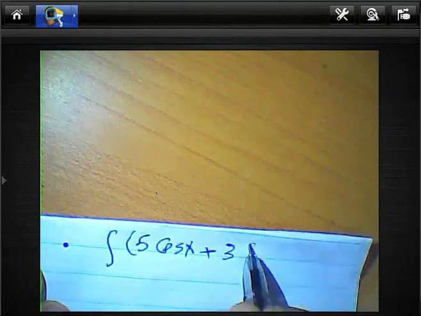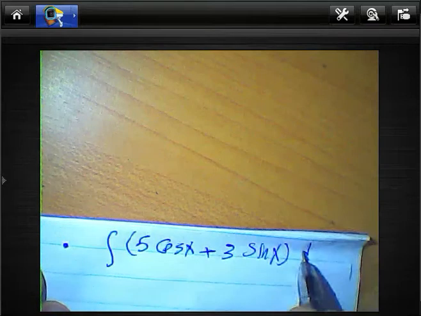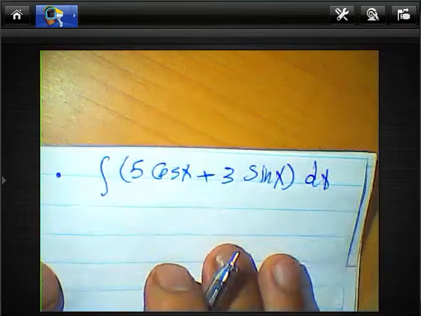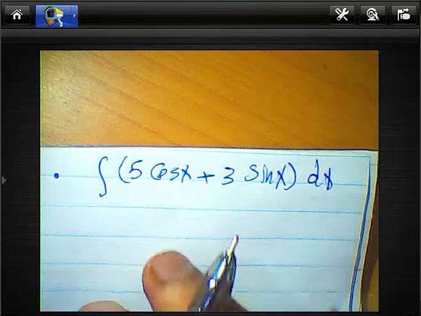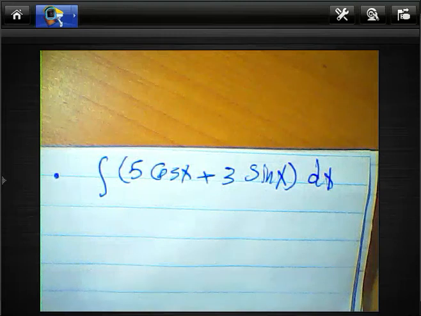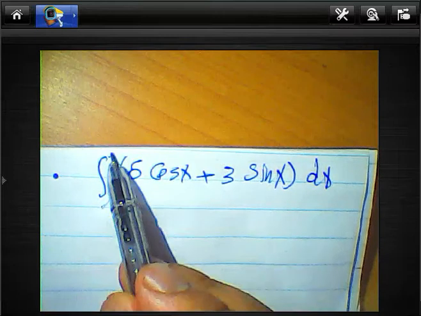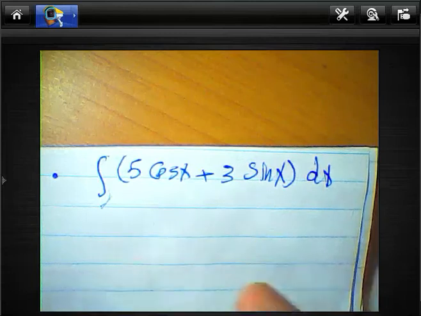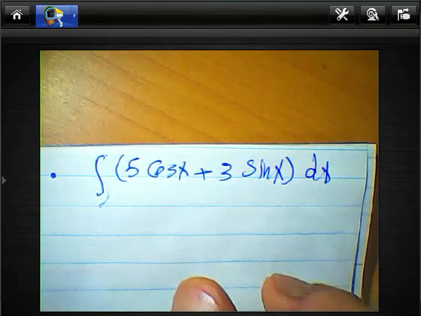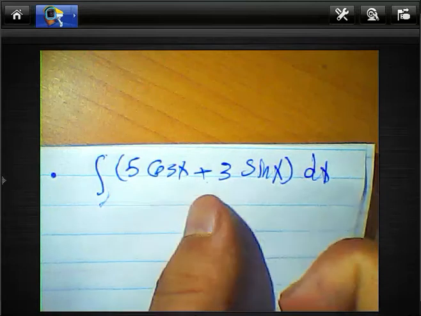Look at another example. We want to find the integral of 5 cosine x plus 3 sine x dx. First, we know integration is the inverse of differentiation. The integral of cosine will be sine, because the derivative of sine is cosine.